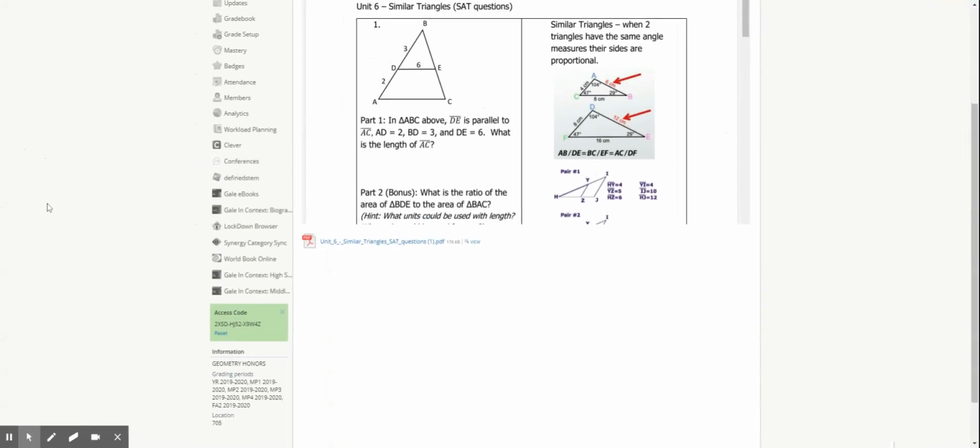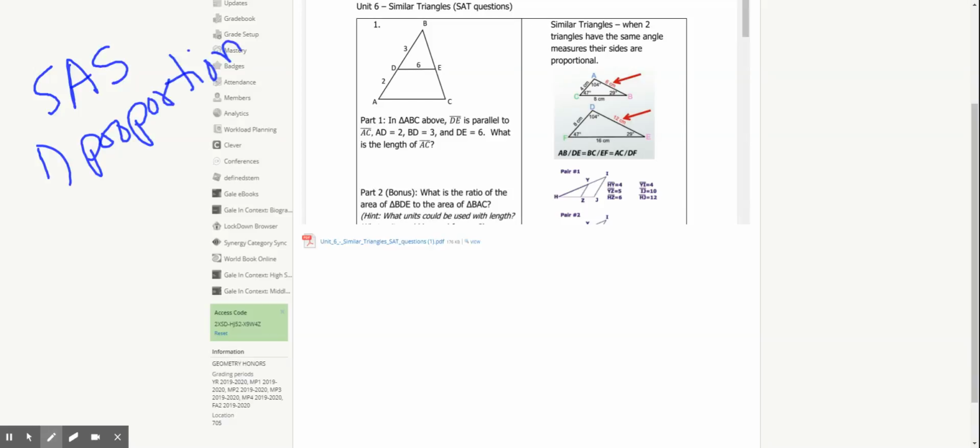Hi everybody, we're going to do similar triangles today. So remember from Unit 6, the three ways we can do similar triangles are side, angle, side, where we need one proportion and one set of angles.